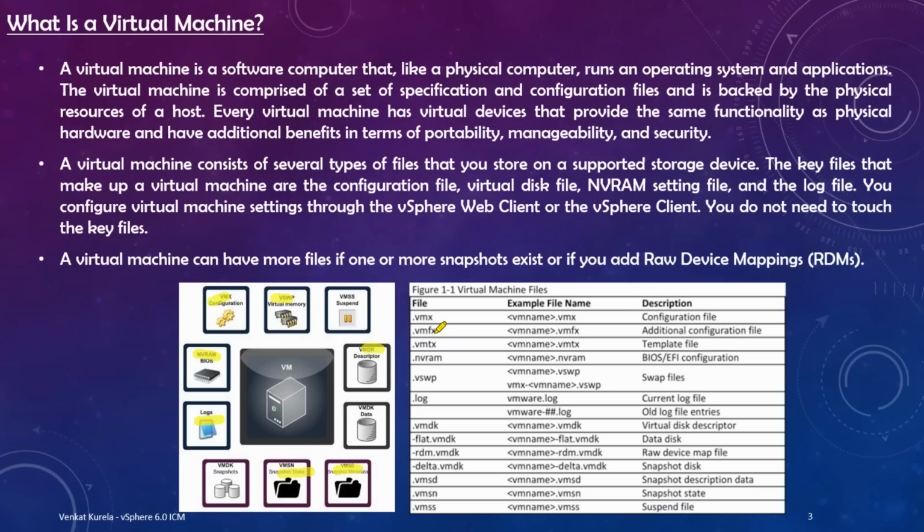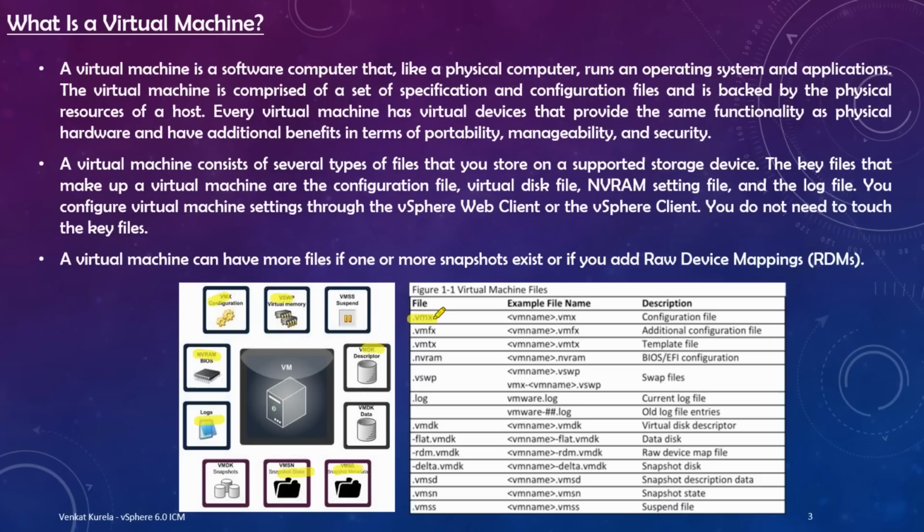The physical server would have the physical components: your hard disk, your motherboard, your BIOS, your CD drive, your floppy drive, SCSI cable, all that. In a virtual server, all those physical components are files. So the VMX file is the most important file, a virtual machine configuration file.